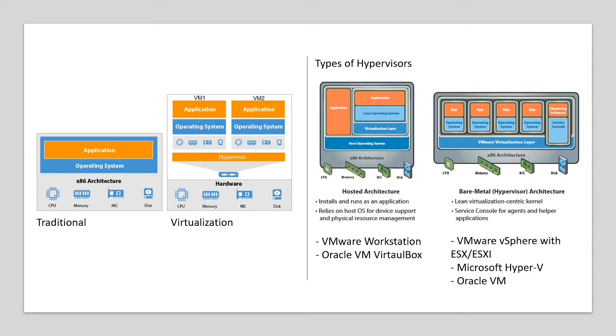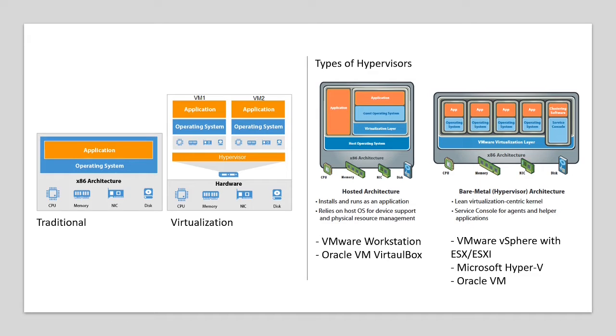On top of the hardware, we run an operating system, whether it be Windows or Linux. Then on top of the OS, we have an application. So here we have one OS and one application running on that hardware.